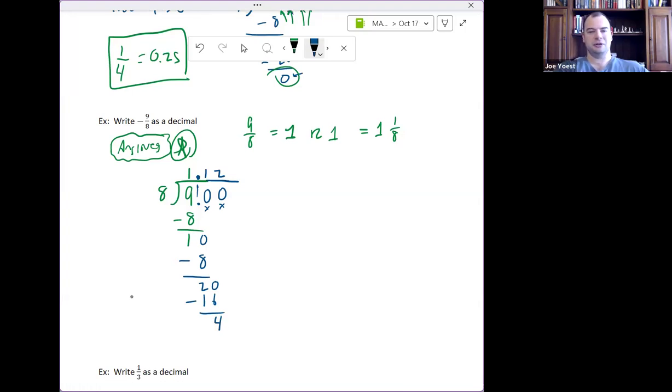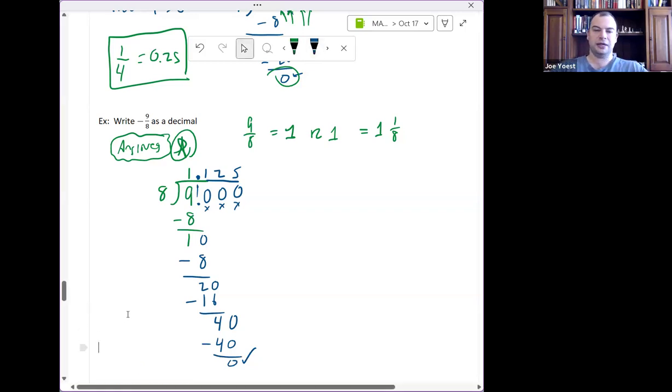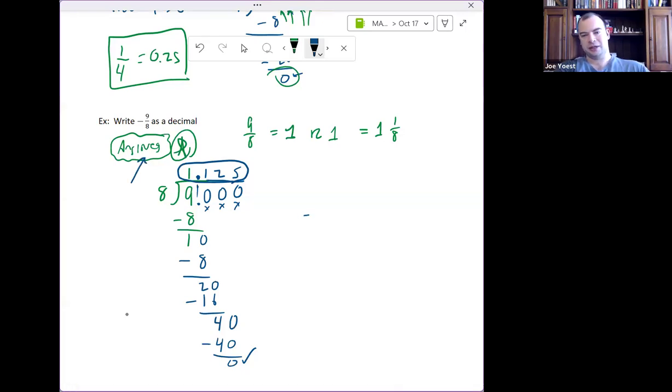I still don't have a zero remainder. I can tack on another 0 and bring it down. 8 goes into 40 5 times. 5 times 8 is 40, and there we go. I now have a zero remainder, nothing left to bring down. So 9/8 is 1.125, and I want my answer to be negative.